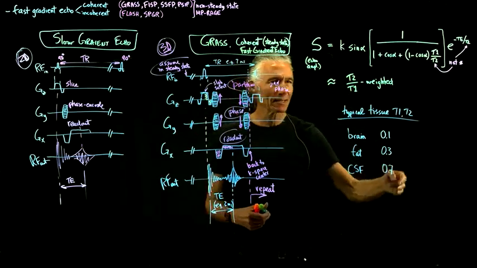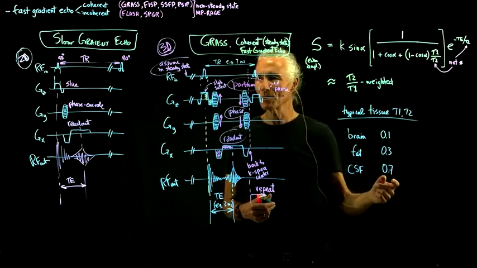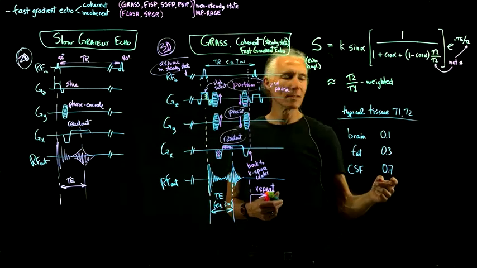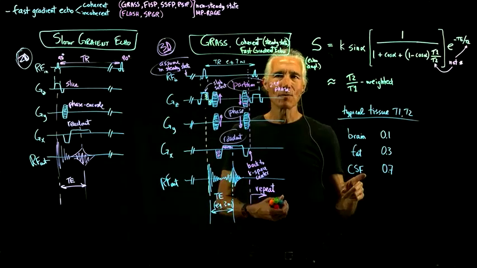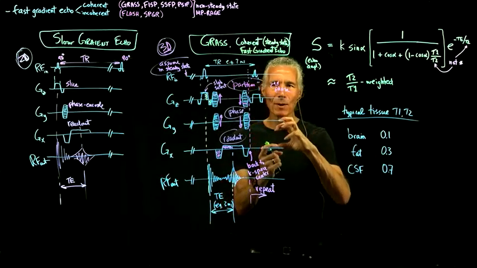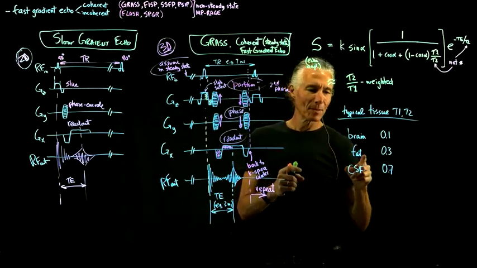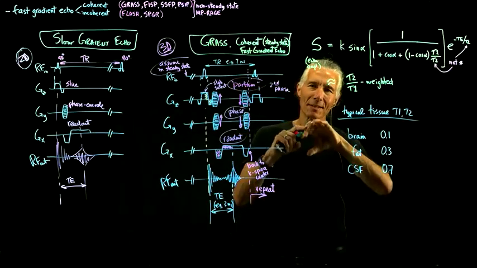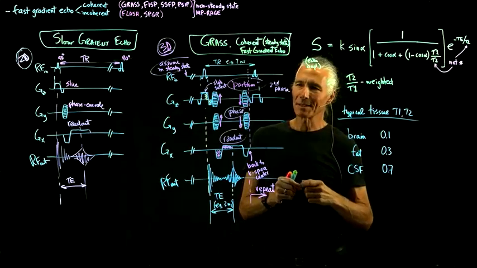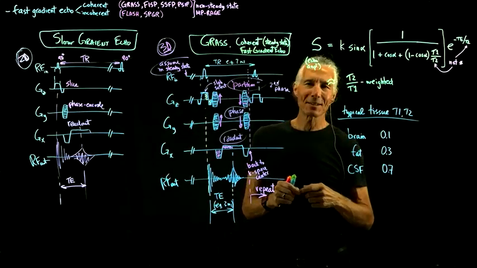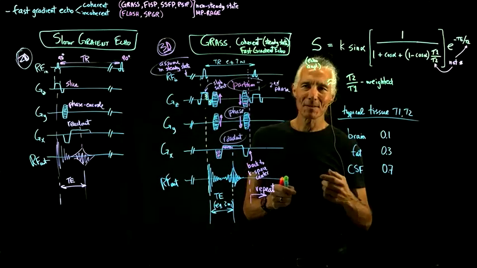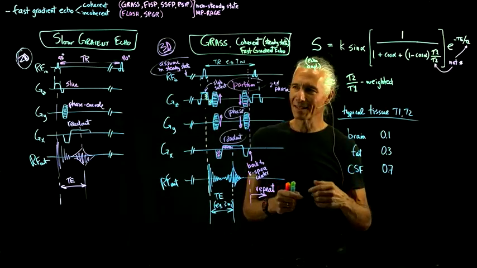I mean, that's a 700% difference between those two. Huge contrast difference with the CSF. And so what it looks like is this absolutely glowing CSF, and the brain is almost black, and then you've got this glowing CSF around it. So it looks sort of strange. The first time you look at MRI images like this, you go, that's kind of weird looking.